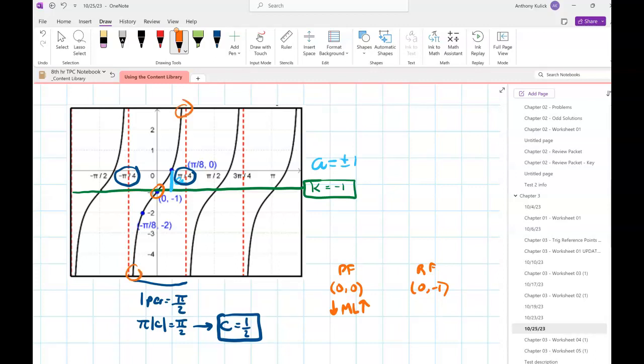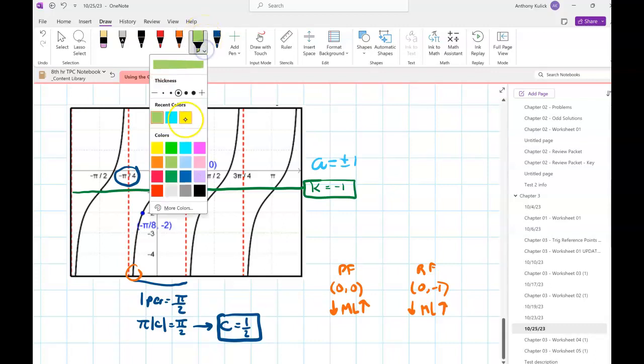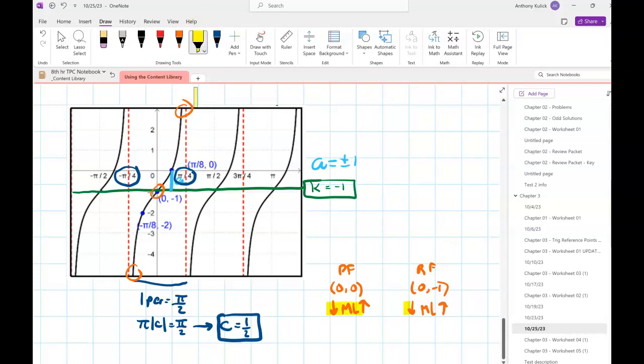Kate? Is there ever going to be one of these where you don't have... No. You would just choose to find one. You have the graph, so you can find whatever point you need. So what's the sign for A gotta be? Positive.